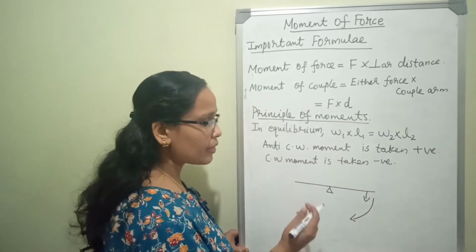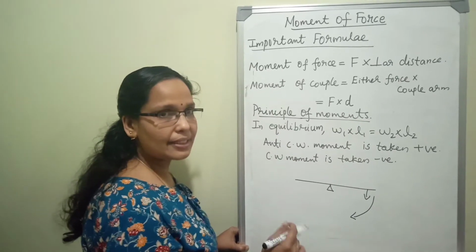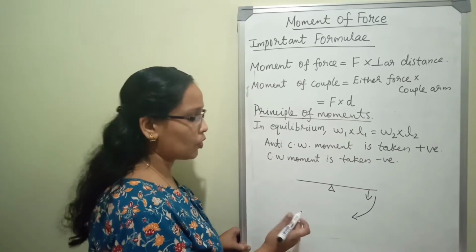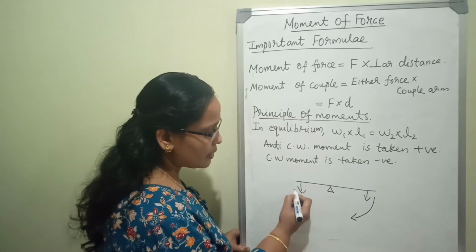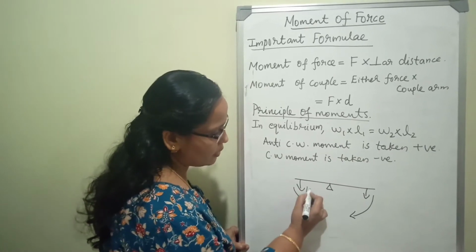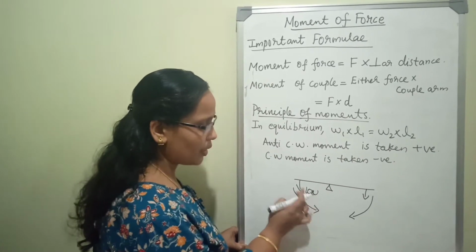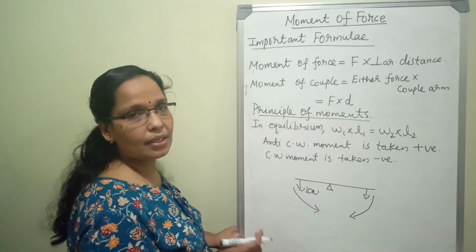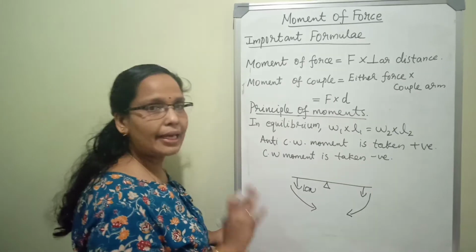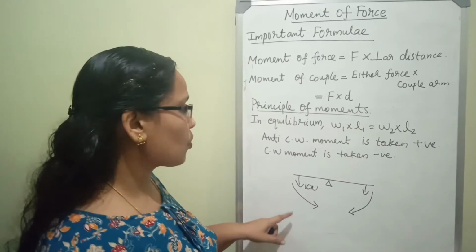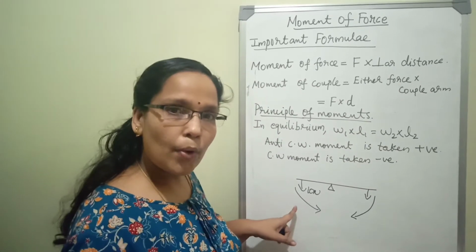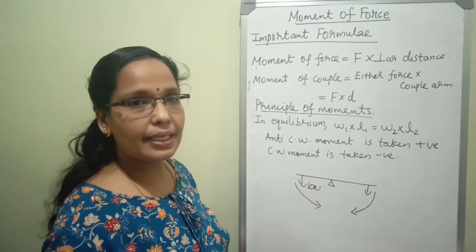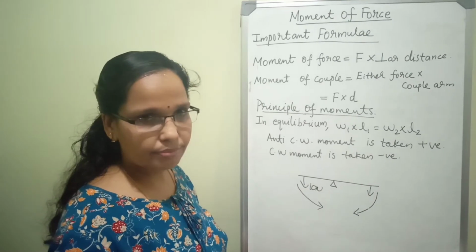If the turning effect is in anti-clockwise direction, we say the moment of force is anti-clockwise. Suppose a 10 Newton force is acting at this point, turning the meter rule in anti-clockwise direction. Then the moment of force is anti-clockwise, and anti-clockwise moment is taken positive, clockwise moment is taken negative.